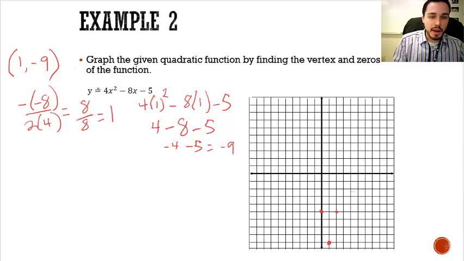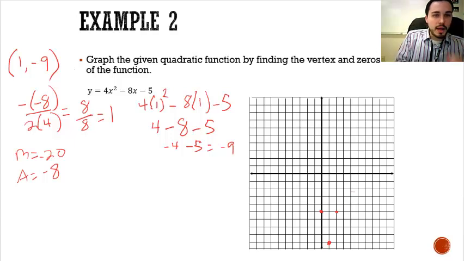So here's where I have to find the multiply number. The multiply number is negative 20. The add number is negative 8. Well, what multiplies to negative 20 and adds negative 8? That would be negative 10 and positive 2. Okay? So again, those are my numbers that multiply and add here.